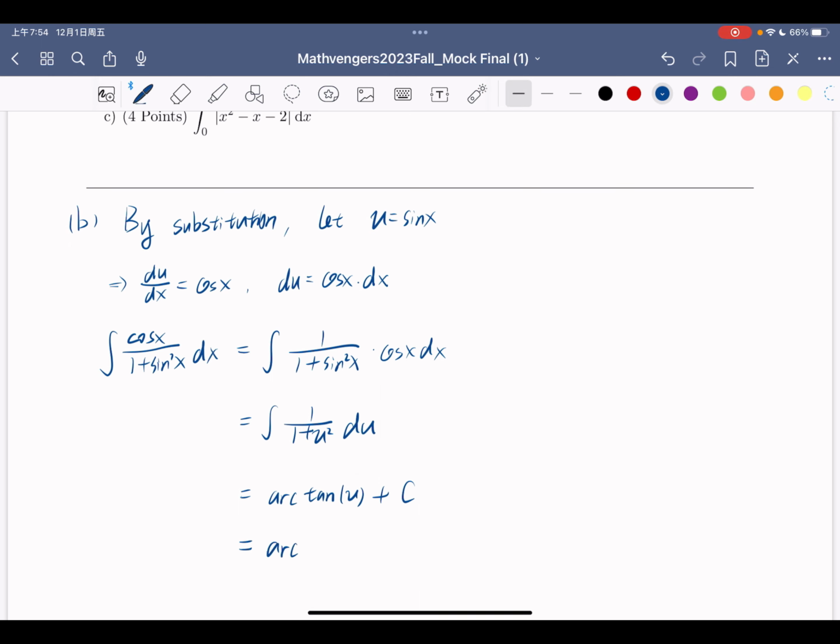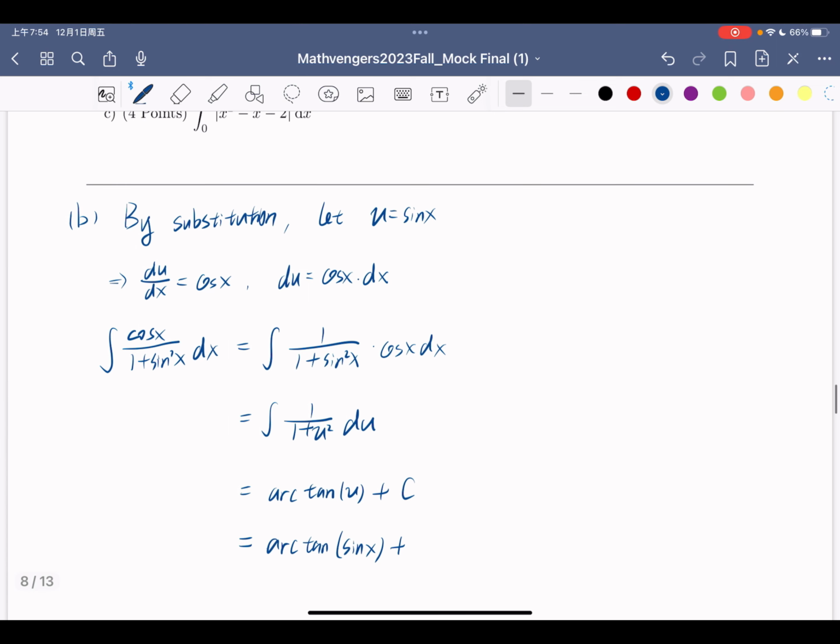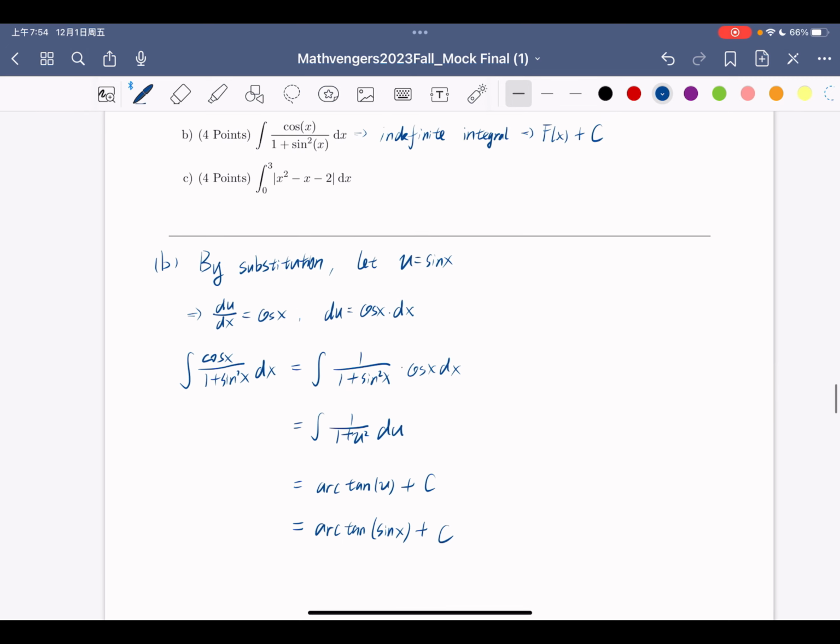So it's arctangent of sine x plus C. This is our answer.